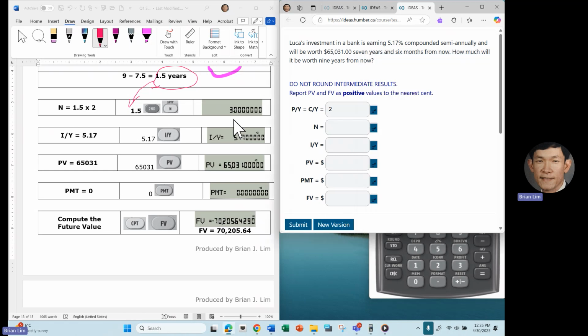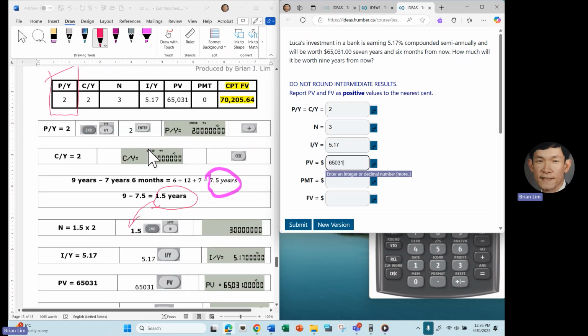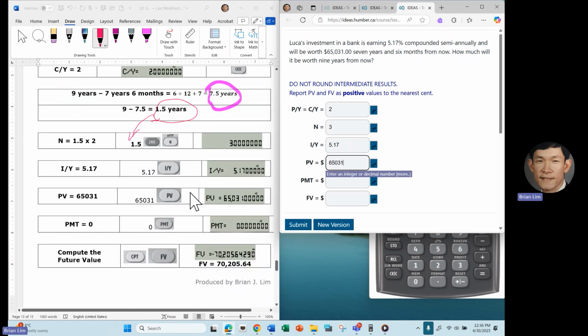So let's complete this table now. We have the numbers, n is 3. Okay, so we don't have to worry about decimals. IY is 5.17. The present value is 65031. Remember, that is after how many years? 7 years and 6 months.